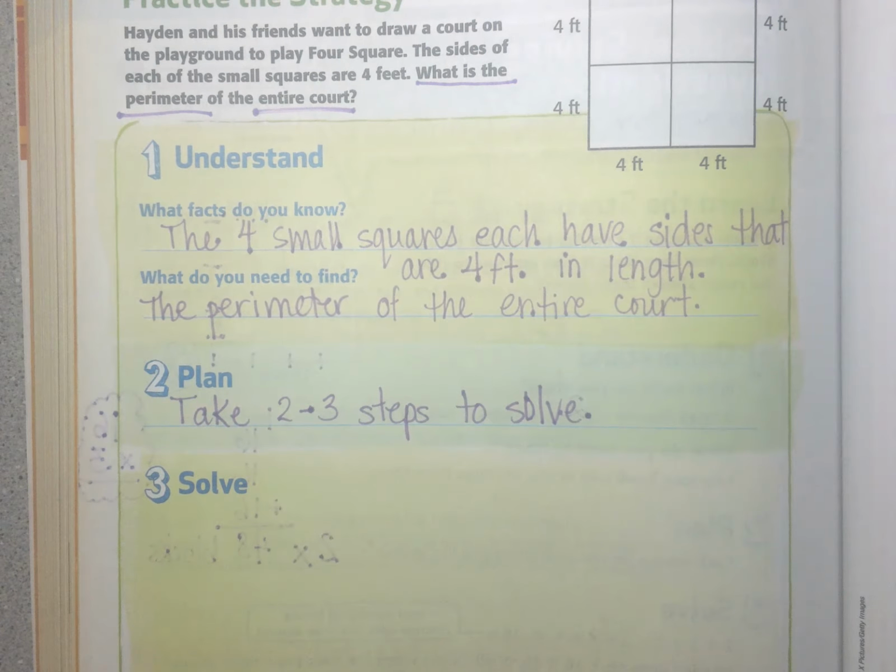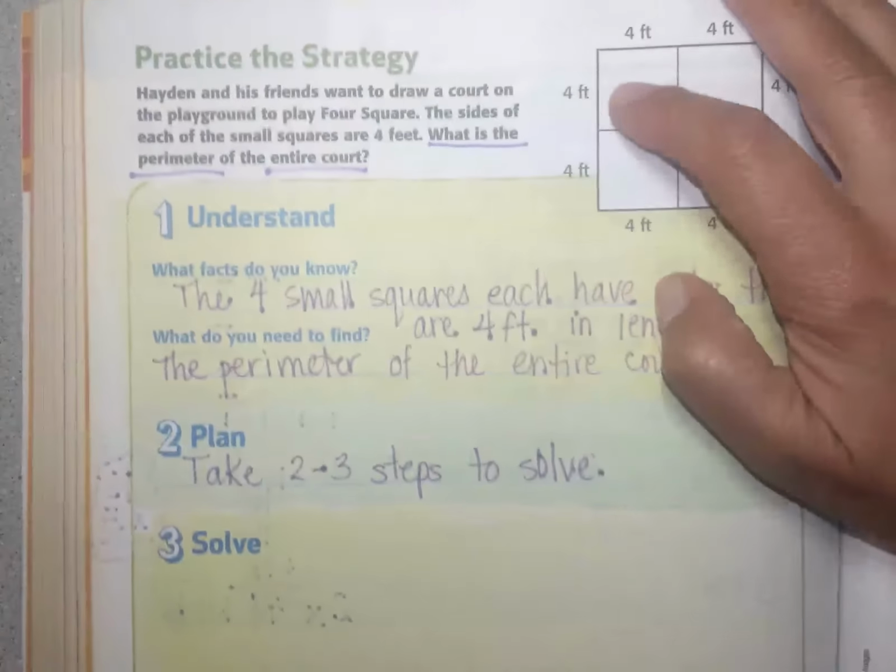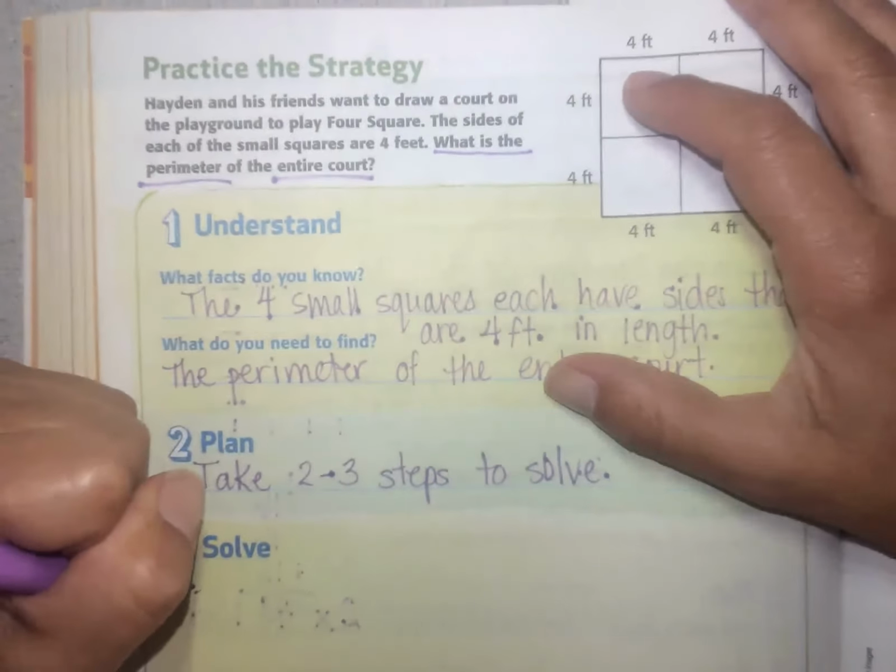My first thing is to use the model to see that each side of the section is 4 feet. So I'm going to take each one of these little squares.